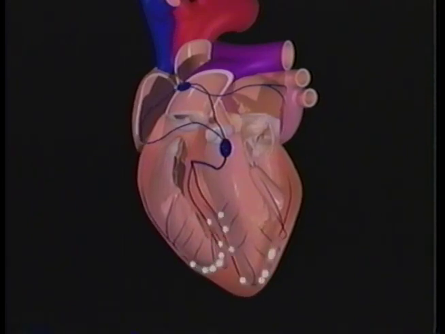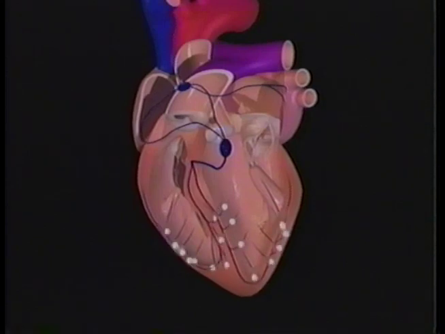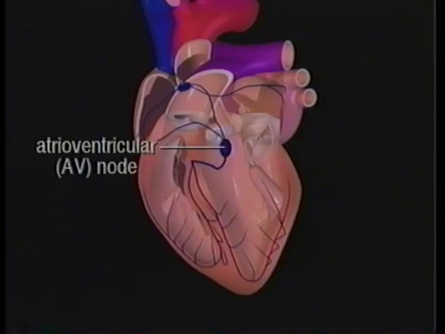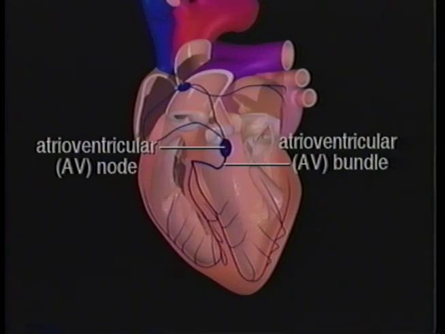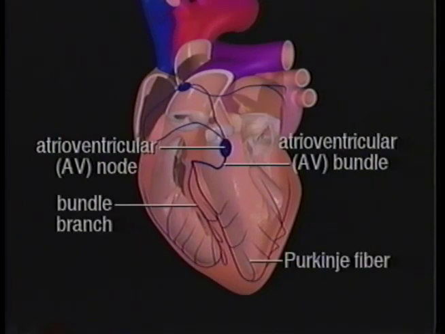This electrical impulse is distributed to atrial cells to stimulate their contraction, and it is propagated toward the ventricles. Before reaching the contractile cells of the ventricles, the signal will travel through the atrioventricular node, the atrioventricular bundle, the bundle branches, and the Purkinje fibers.